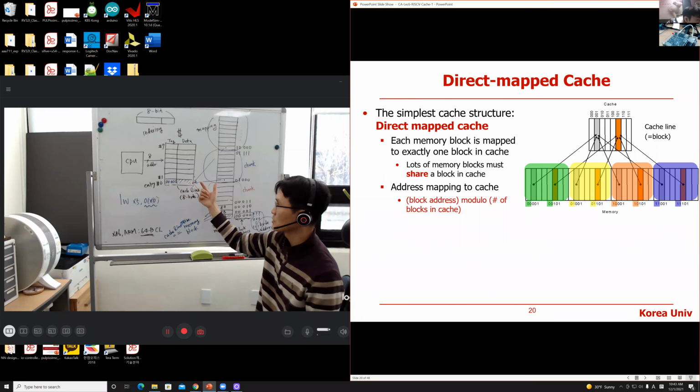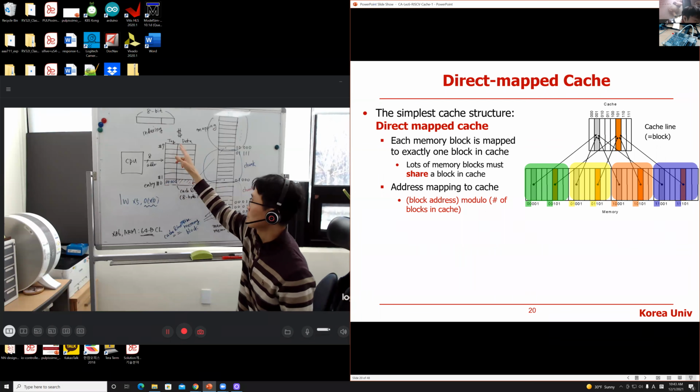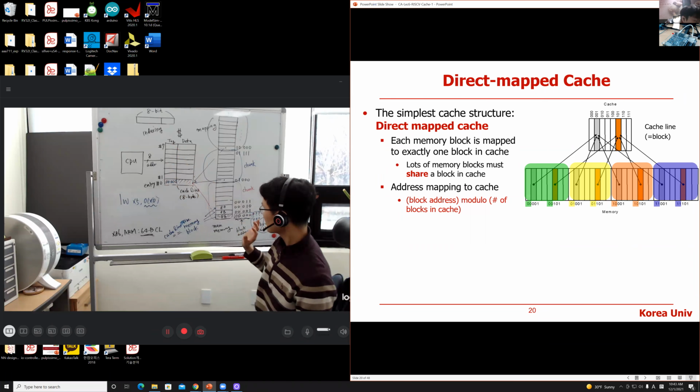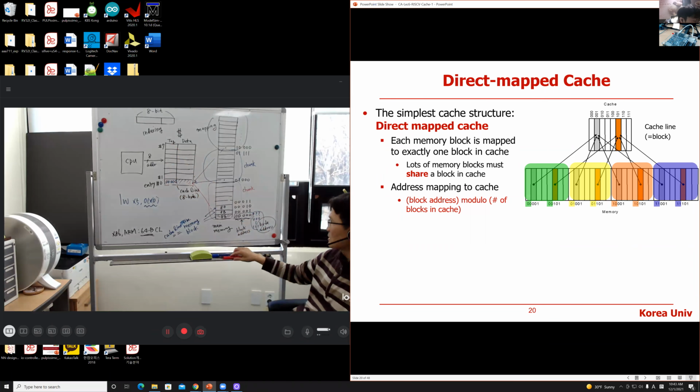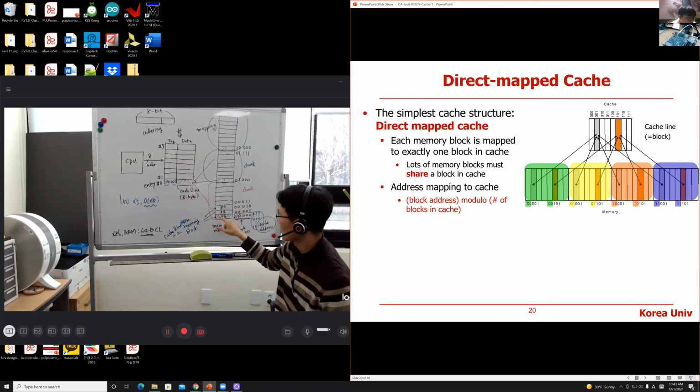That is better. You can reduce the hardware cost, right? So what would be the minimum amount of information you can use from this block address to pinpoint the memory location?